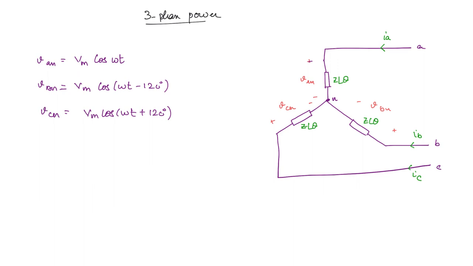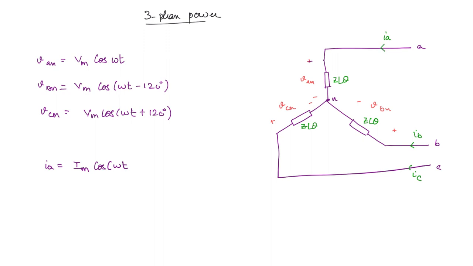Now what will be the expressions for current? iA you can write as some maximum value cos of omega t, and what will be the phase? See, here the impedance is Z angle theta. So when the impedance angle is theta, how much will be the phase of the current?